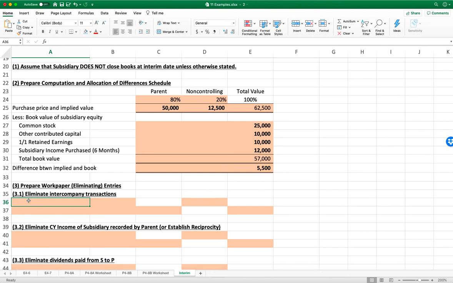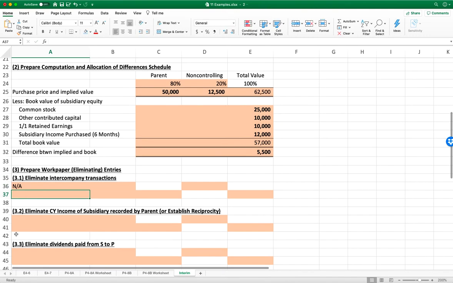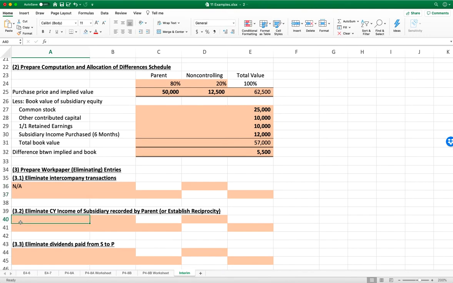First, we're going to talk about eliminating any intercompany transactions. Again, we don't have any, just reminding you to keep an eye out for them. Then we need to eliminate any current year income of the subsidiary recorded by the parent. So they told us that our parent company uses the cost method, so we know there's not going to be any income that they recorded, because they don't do that under the cost method. That's the equity method.